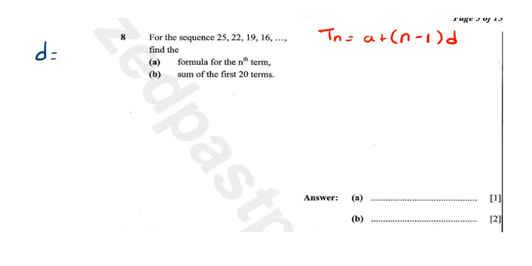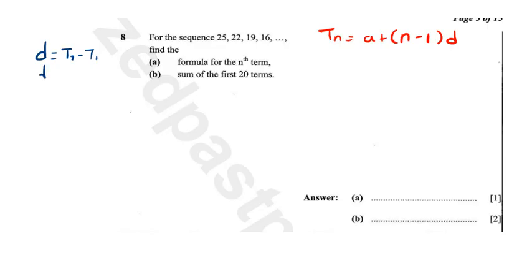So the common difference is the number which, when you add it, gives you the next term. So d will be given by T2 minus T1. As you can see, the numbers are decreasing. Therefore, our common difference is a number which, when we add it, is going to reduce the next term.